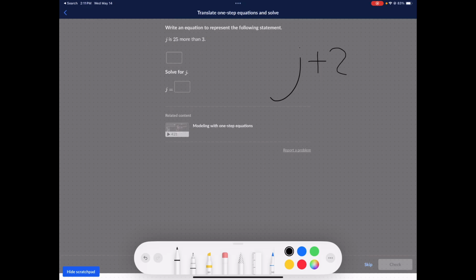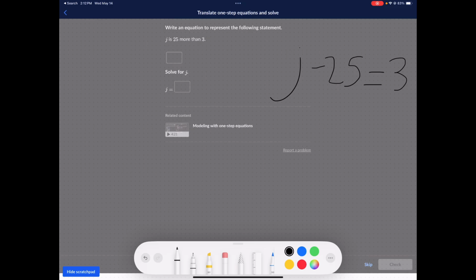A common mistake that people make is that you add 25 to 3. But if J is 25 more than 3, then we would use subtraction instead. Because, let's think about it. Let's take another problem, for example.